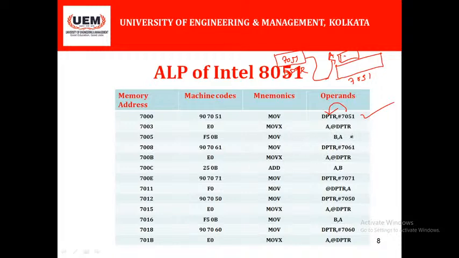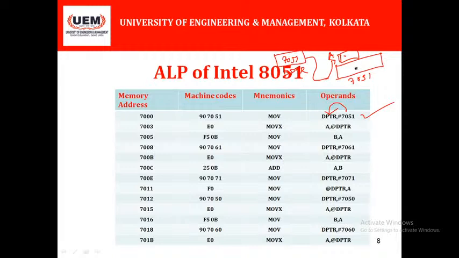Then MOV B comma A. So the value of the A register will be transmitted to B.